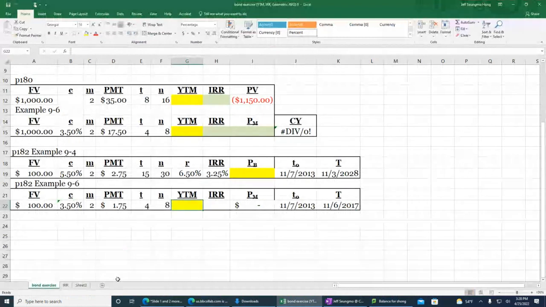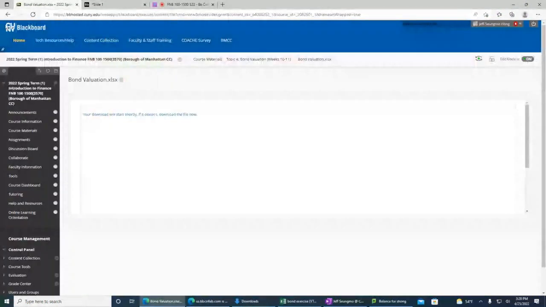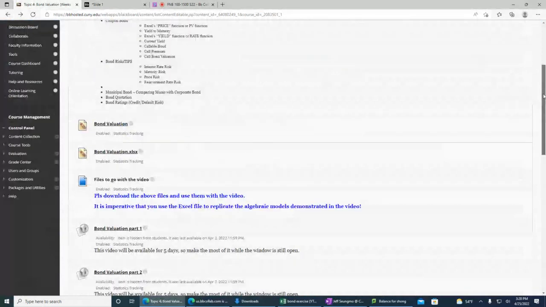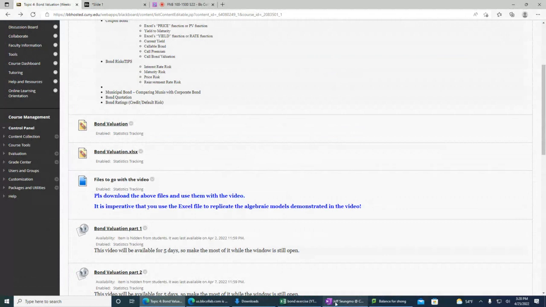So I want you to open this file, right? You all got this. If you're asking me, oh, where is that file? No, it's there in our course materials folder, right? This is that file. We probably started working on this last time.